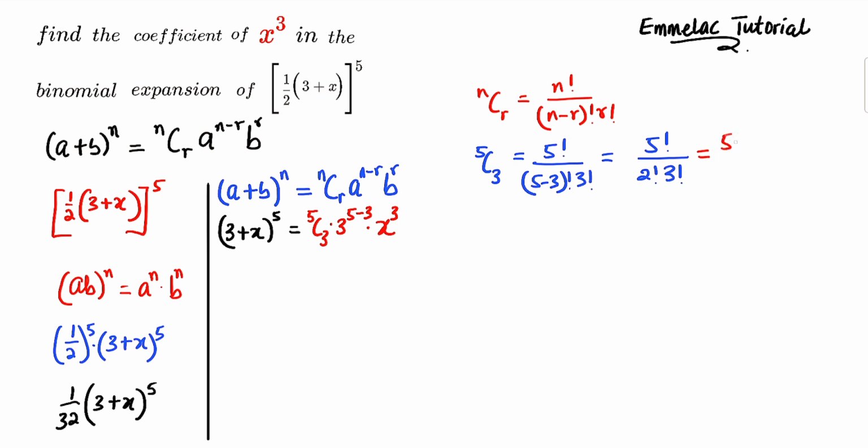So here, 5 times 4 times 3 factorial, all over 2 factorial, which is just the same thing as 2 times 1, which gives us 2, then times 3 factorial.